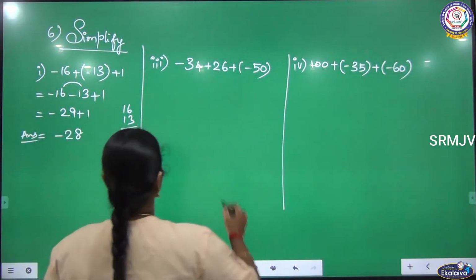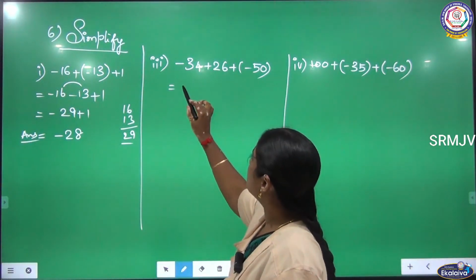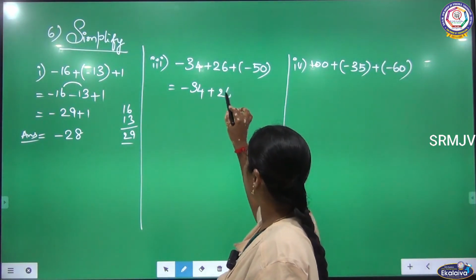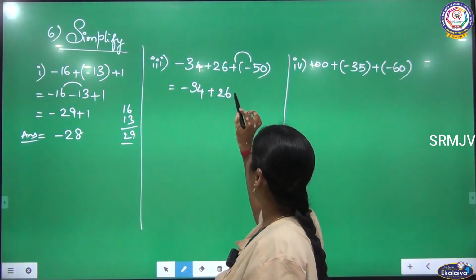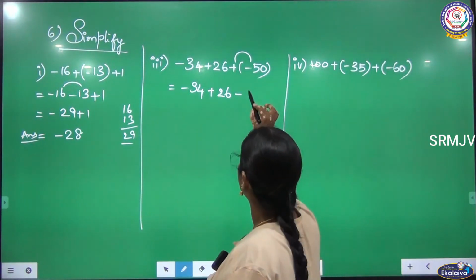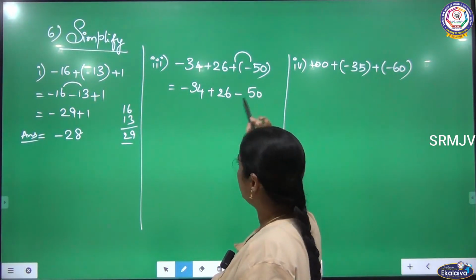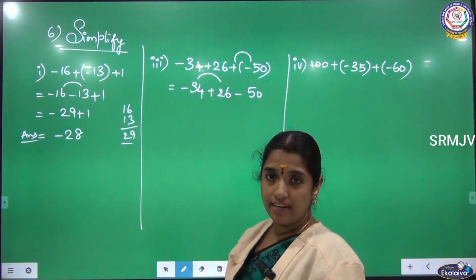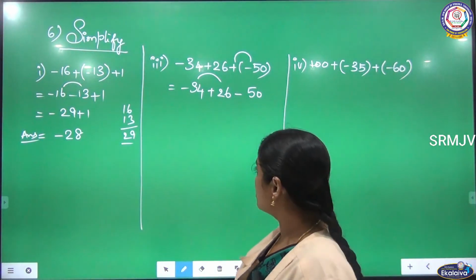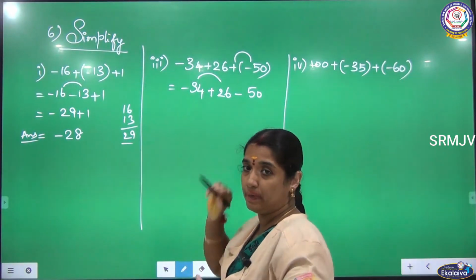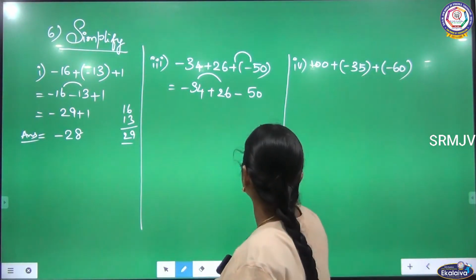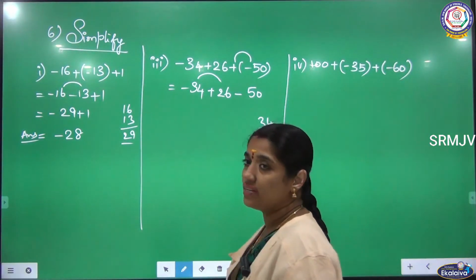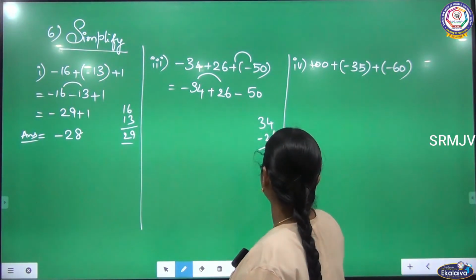Now, listen. Minus 34 plus 26 plus into minus minus 50. Listen, alternate symbol, minus plus, so you have to subtract this. 34 minus 26, what is the answer? 8 is the answer.